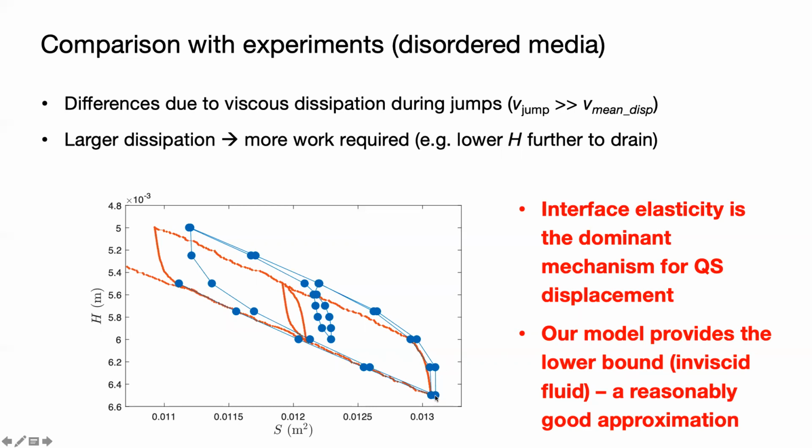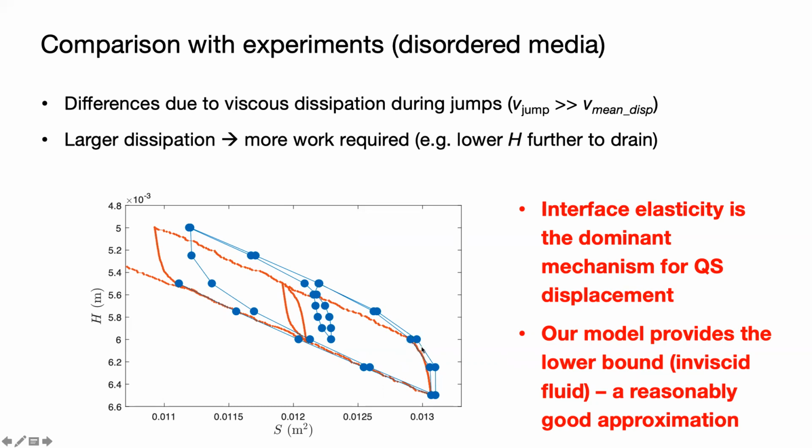So if you look at this point, now we get in the imbibition, now we reverse the displacement. So now we start pulling the interface back, and then you start having these dissipated jumps. So in the simulations, in the red, we have no viscous dissipation. So the dissipation is only by, again, the deformation of the interface, and this is what we compute here.